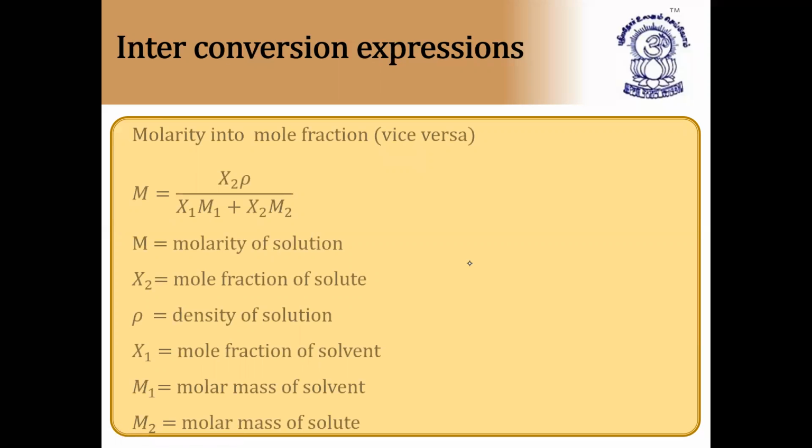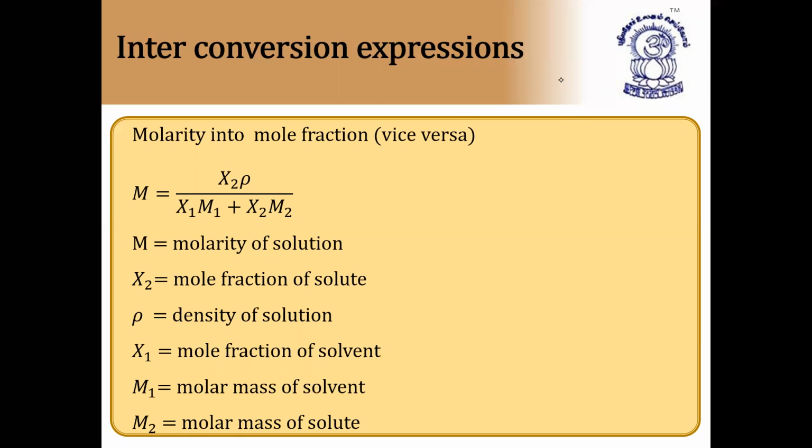Now second interconversion. Molarity into mole fraction. Straight away you can use these formulas. So molarity is equal to X2 rho. X2 is called what? Mole fraction of solute into density by X1, that is mole fraction of solvent, into M1, that is molar mass of solvent, plus X2 into molar mass of solute.